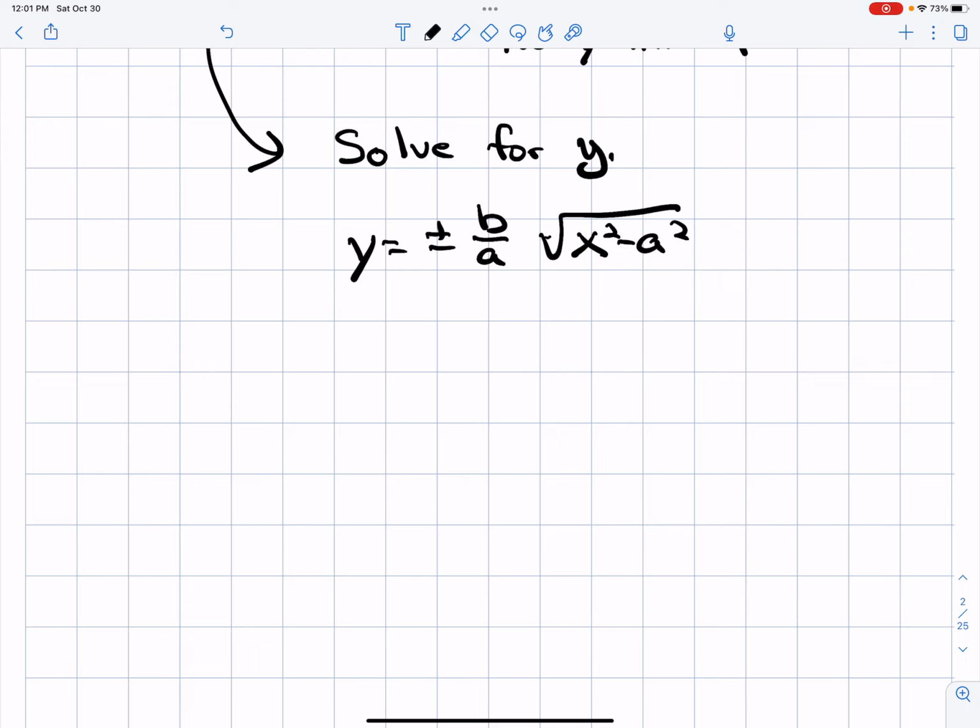But if you spread it out, like 100 minus 1, you get 99. 99 is pretty close to 100. So the further apart they get, the closer and closer the points in the equation are going to get to y equals plus or minus b over a x.